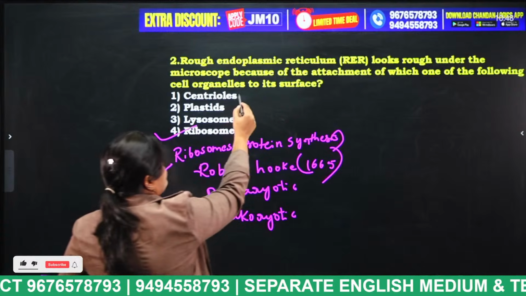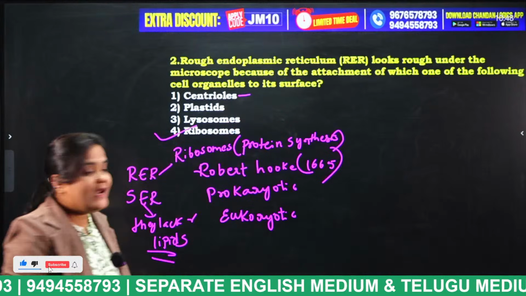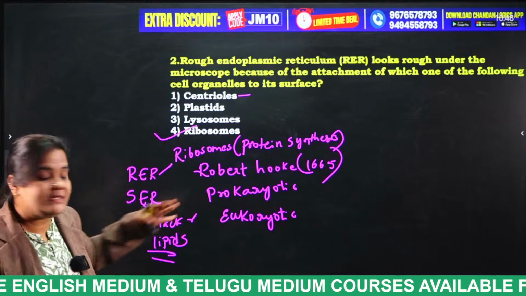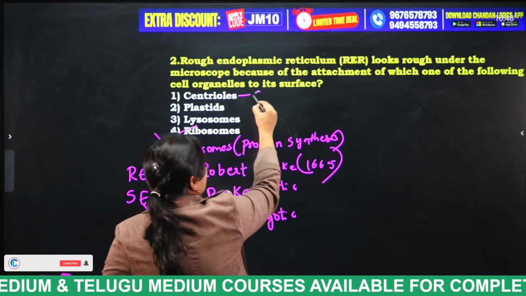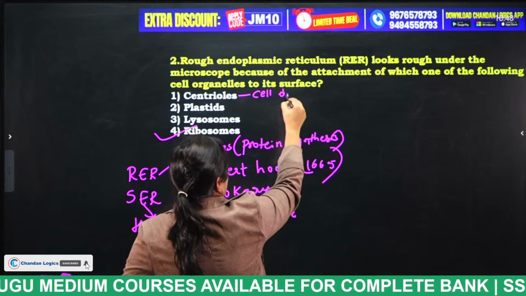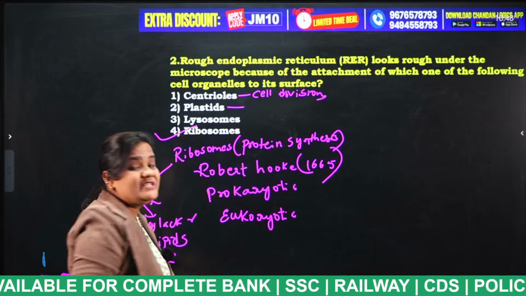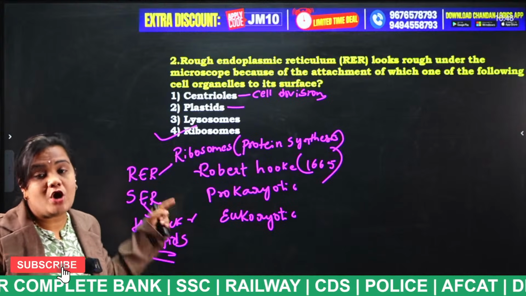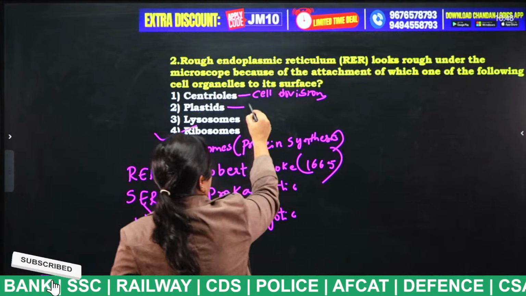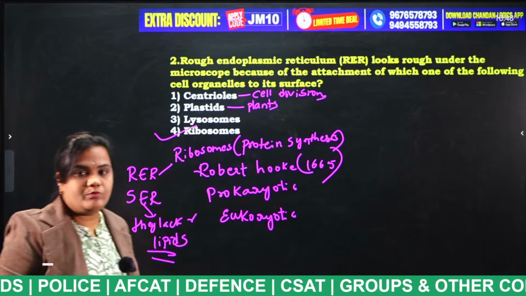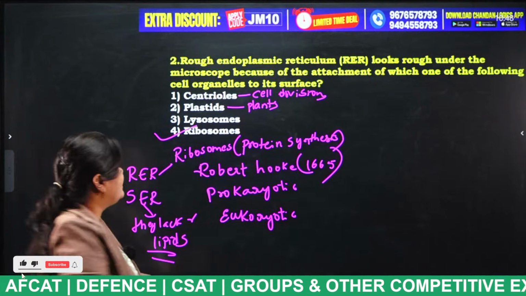Now centrioles, what do you mean by centrioles? They are barrel-shaped organelles. What happens in the centrioles? Cell division takes place. Plastids are present in plants, not in animal cells. They have a green pigment, chlorophyll.